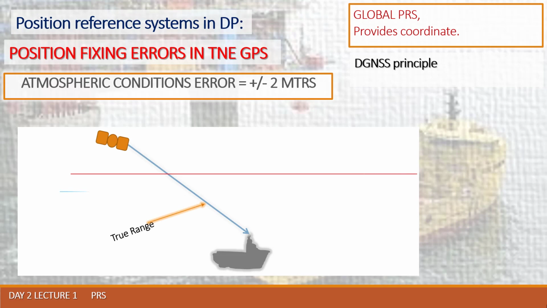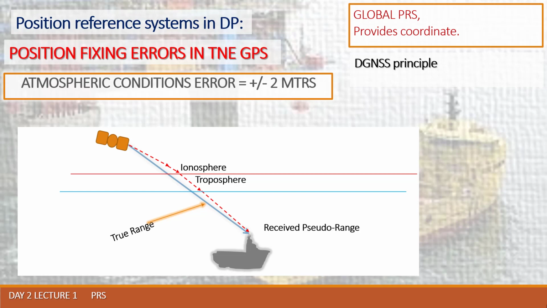So for each layer we will have some signal deviation, and in the end the received pseudo range will be different from the expected true range, or expected distance between the antennas of the satellite and the Earth object.